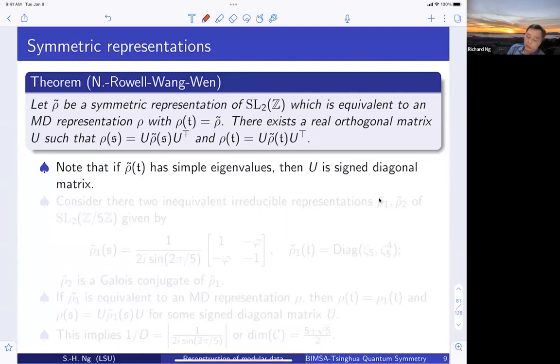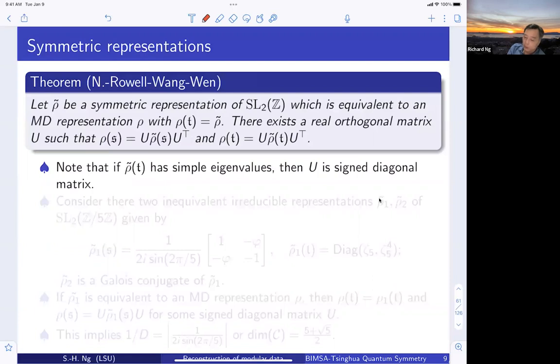I can just reorder the eigenvalues by using a permutation. Then U will commute with this diagonal matrix. But if you have simple eigenvalues, then this U can only be diagonal. This is actually the main reason that we created this result. If it's just diagonal, then I just need to decide a sign. Then I get a genuine S matrix. If it's actually realizable, that will be the MD representation that we want.